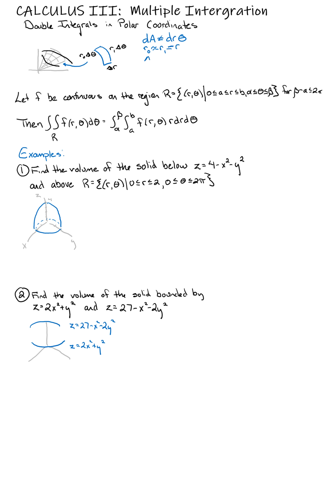Now, what about the change in our area? If we look at this, it's going to be as if this were a rectangle. It's going to be the change in width, that's delta r, times the change in length.